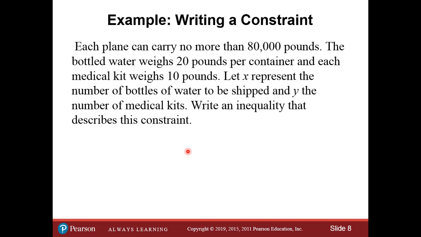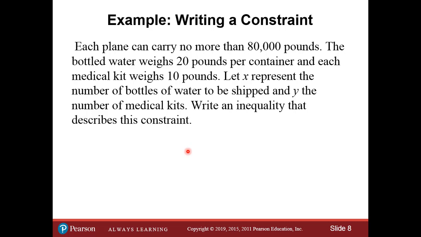It says each plane can carry no more than 80,000 pounds. The bottled water weighs 20 pounds per container, and each medical kit weighs 10 pounds. Let X represent the number of bottles of water to be shipped, and again, Y the number of medical kits.